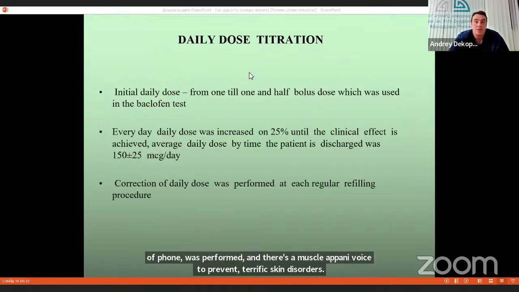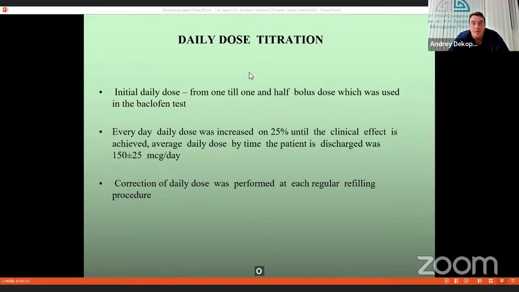And the daily dose titration. Usually, the initial dose was from 1 till 1.5 of the bolus dose used during baclofen test. And then we increase the daily dose every day by 25% until the clinical effect is achieved.